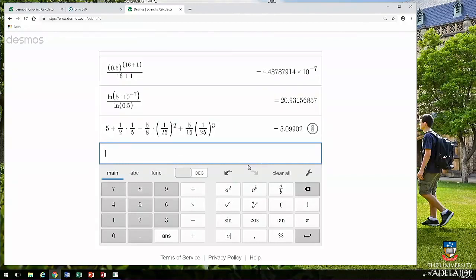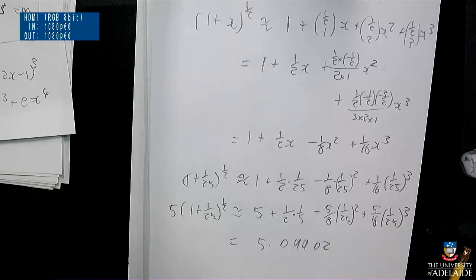Let's just see. It's pretty good, huh? But imagine that you didn't have a machine that did square roots. You could do powers.